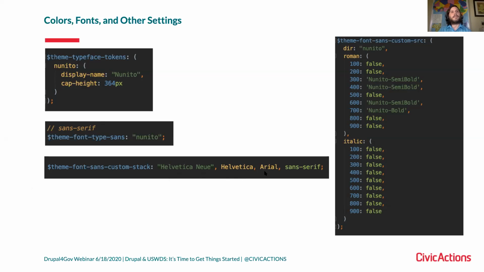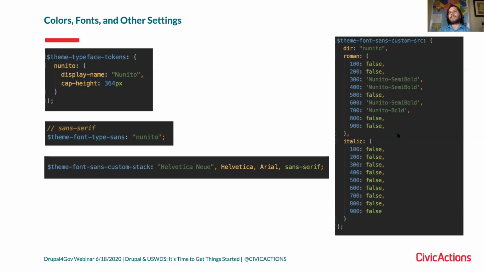And so this is the fallback stack. It goes Helvetica Neue, Helvetica, Arial, and then just whatever sans serif the system can find. And then the next thing is the location of the font, and this is the directory that it's in. And these are some of the font weight values of which actual font file to use.